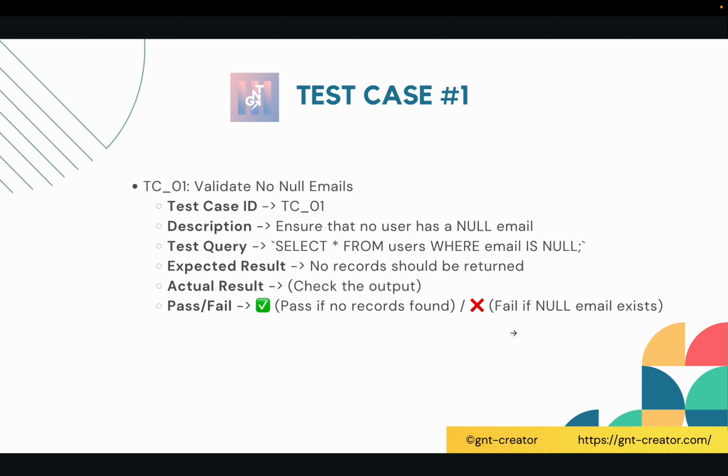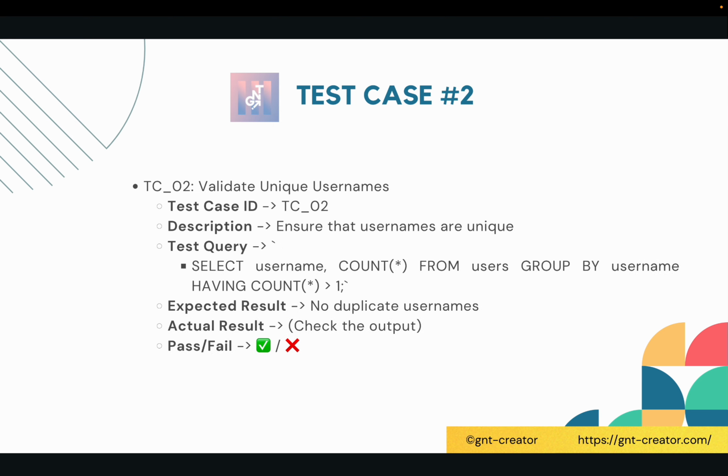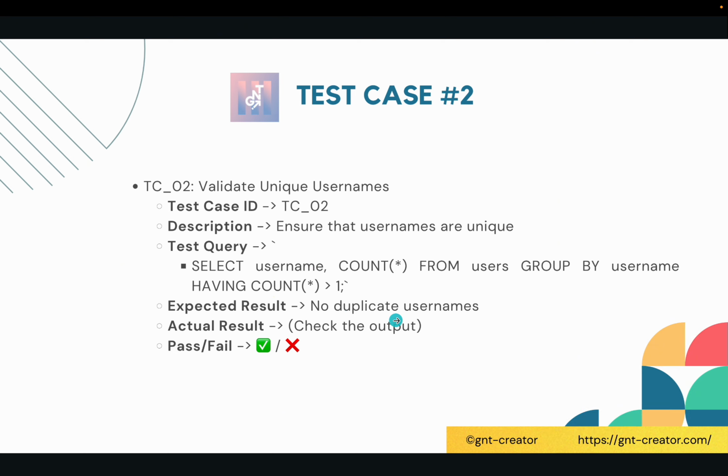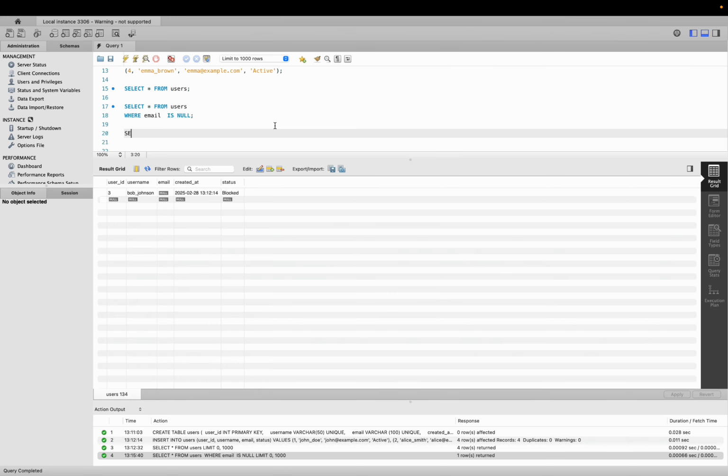And now let's see another test case example. Test case number 2. As you can see, test case ID is 02. Description: ensure that usernames are unique. That's the query we need to provide. Expected result here will be no duplicate usernames, and the same for actual result and status, which we will provide in the end. Let's execute this query.